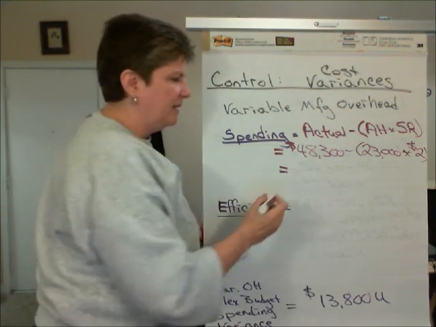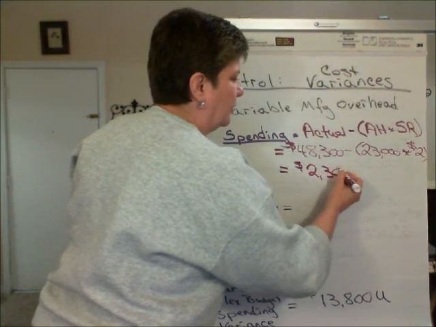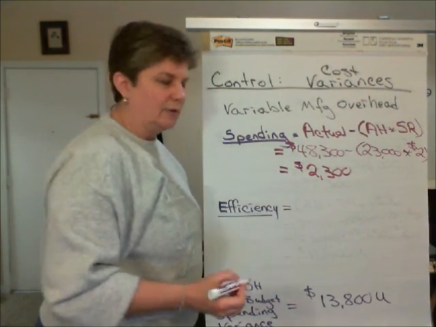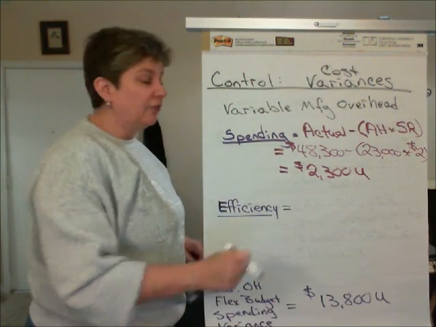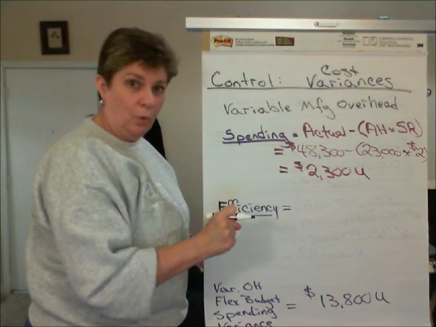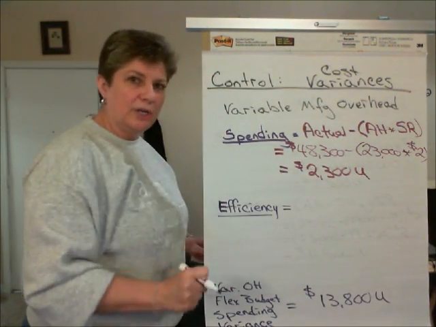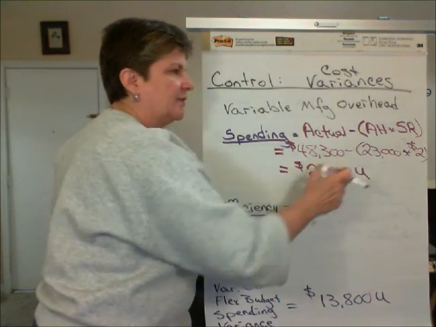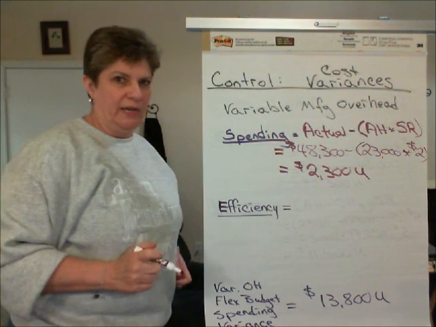So our spending variance for variable overhead is $2,300. And that's going to be an unfavorable variance because we spent $2,300 more, actually, than the standard says we should have for this level of activity. So an unfavorable spending variance.